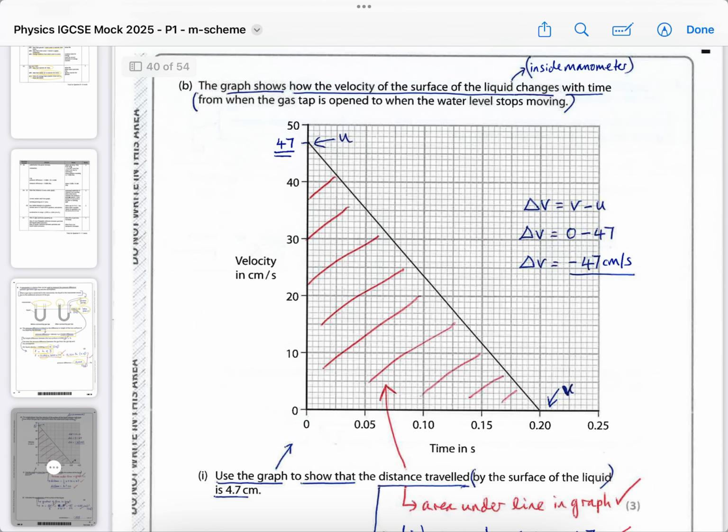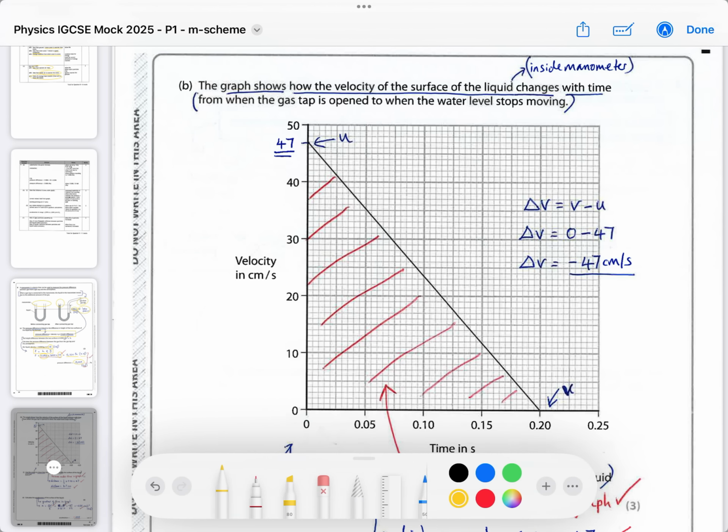The graph shows how the velocity of the surface of the liquid, obviously we're talking about the liquid inside the manometer, changes with time from when the gas tap is opened to when the water level stops moving. So initially, obviously before the gas tap is switched on, there will be no pressure due to the gas tap, and there should be no difference in height.